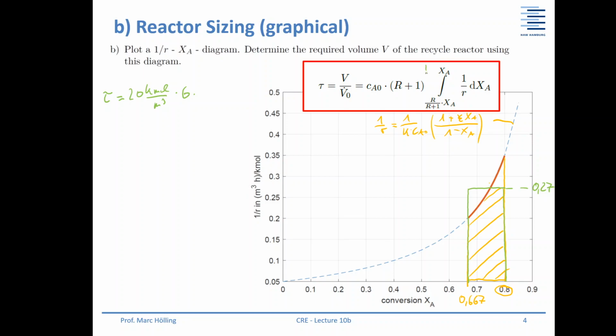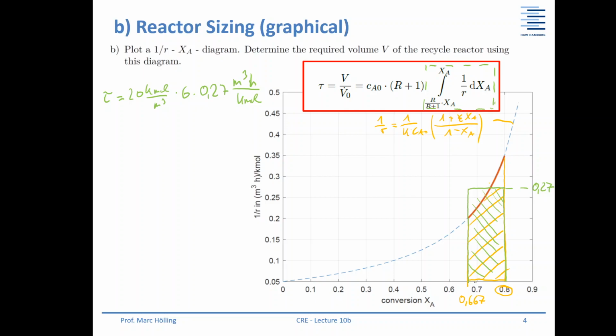This part is the same as this green area here, and the green area is just the height of the rectangle. Now I missed out my units. Okay, I put it here: cubic meter hour over kilomoles. And then we also need our dXA.